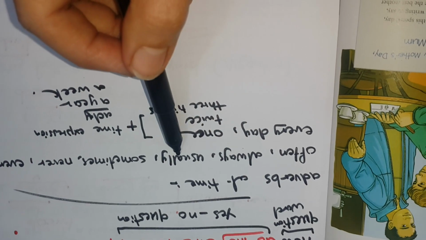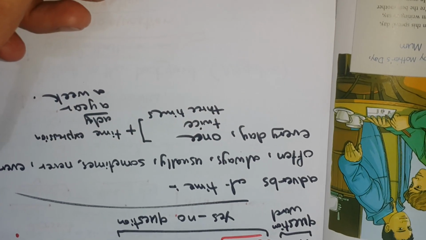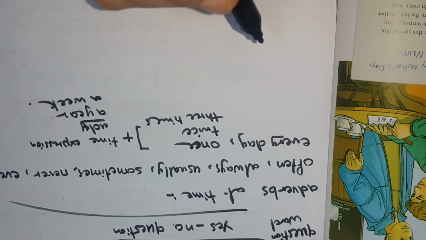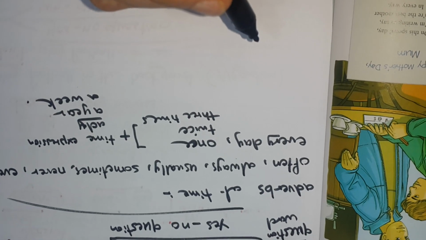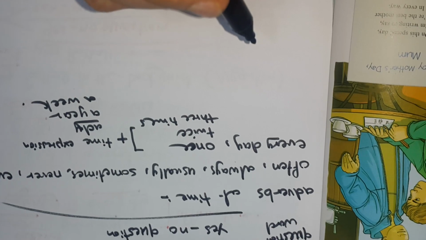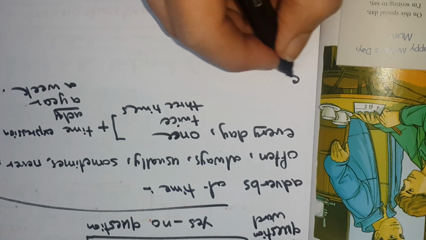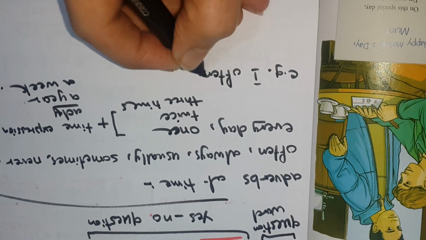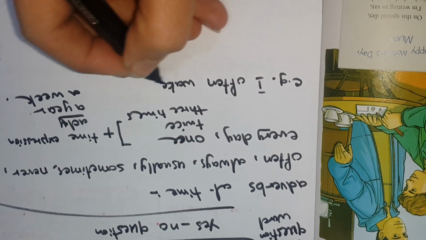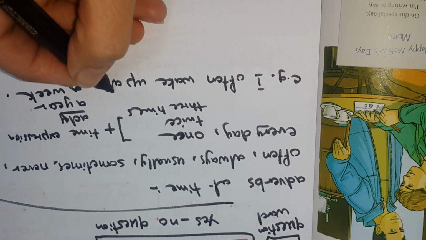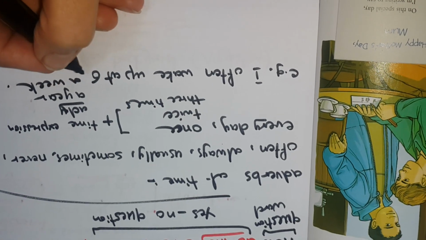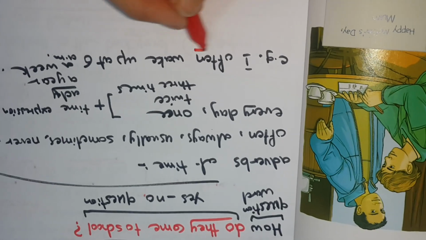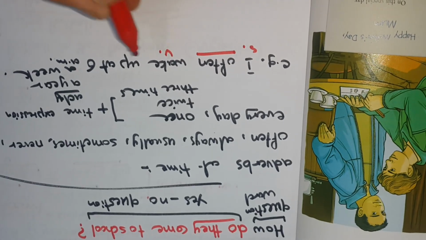Okay? Often, always, usually, never, ever always come in the sentence between the subject and the main verb. Like the example, I often wake up at 6 a.m. So this is often, and this is the subject, and this is the verb.